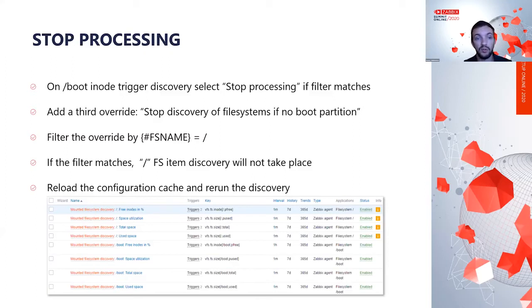And we're going to create a third override, stop discovery of file systems if no boot partition. Okay, so we are going to use a filter for that third override as fs name equals root. And if the filter matches, then fs item discovery will not take place.